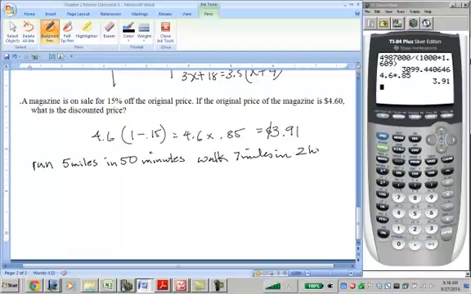Let's say you're a pretty fast walker. And bike 20 miles in an hour and a half, 1.5 hours. Find the average miles per hour.